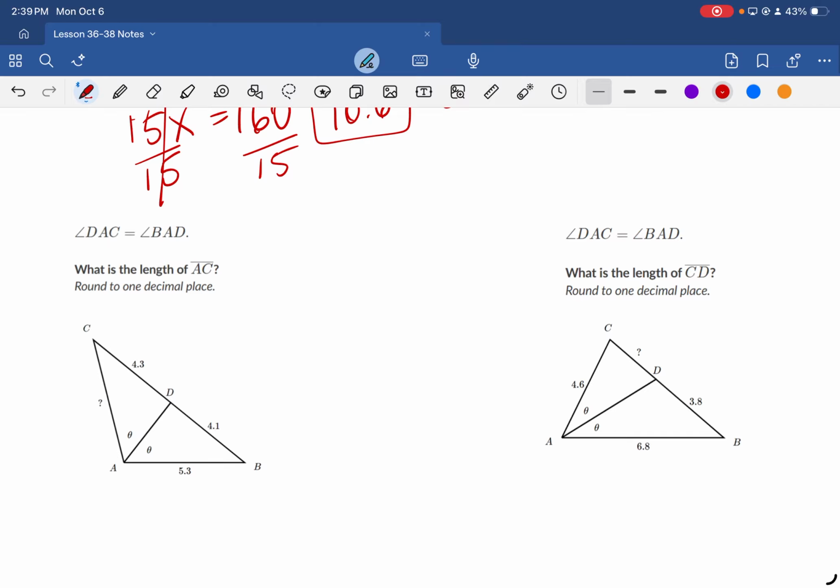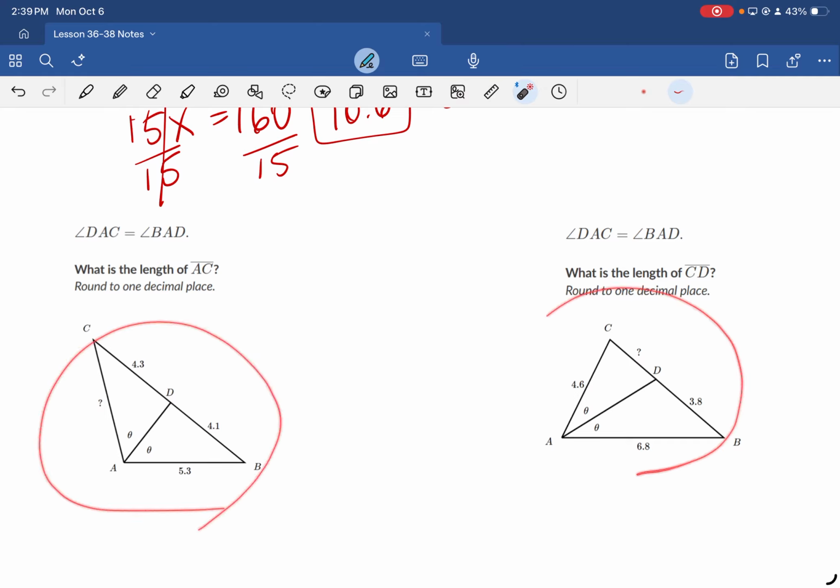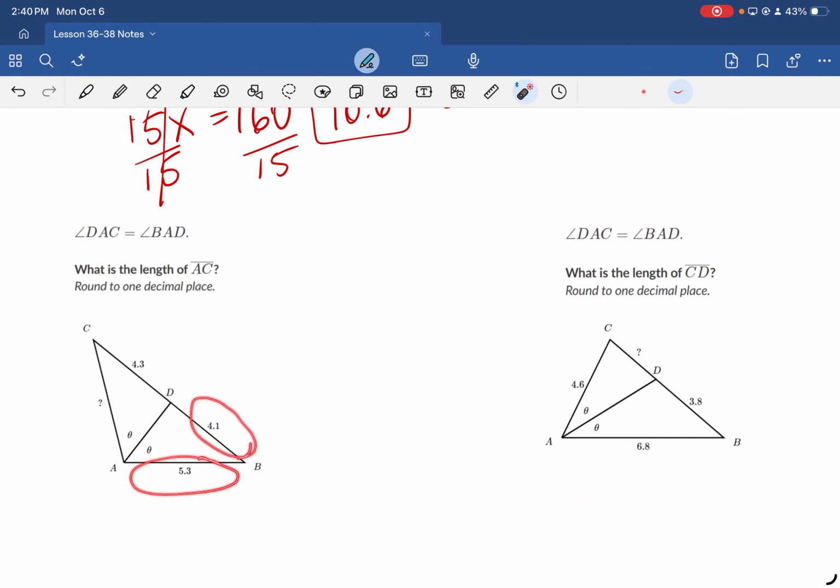Okay, do you feel comfortable giving these two a try by setting up proportions? So watch, this over this equals this over this. And I would just use X for the question marks. Okay, give those a try. And it says round to 1 decimal place. So just like we did up above.